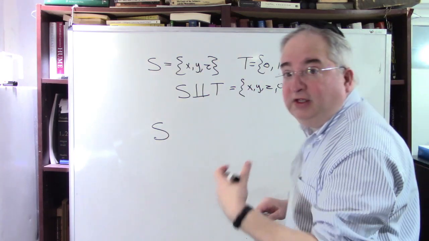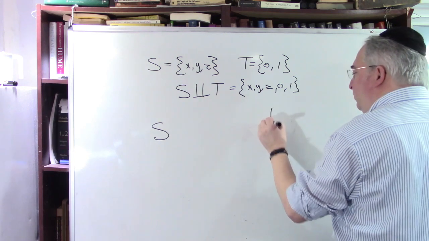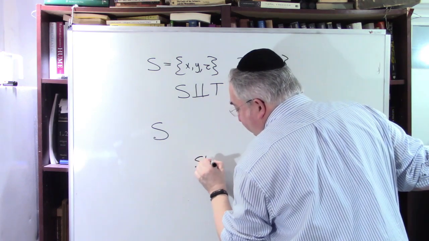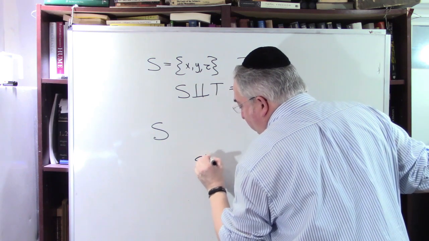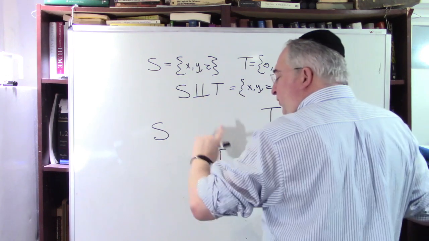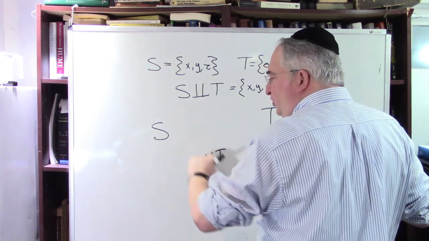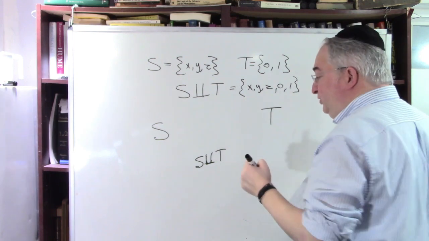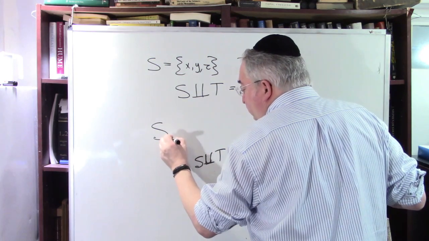Great. Now what I want to do is show what universal properties this has, because we define things by their universal properties. So given the set S, given the set T, there's another set called the disjoint union of S and T. And beforehand we had projection maps. That's what products were based on. Now we have inclusion maps.